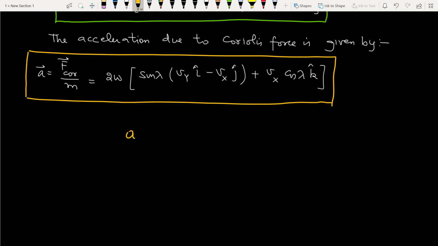One is the horizontal component of acceleration, which is in the xy plane.